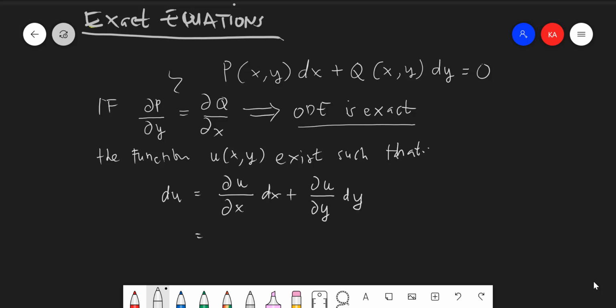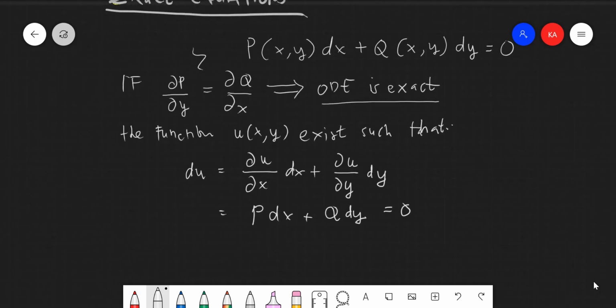So it is equivalent to saying that partial u over partial x is equivalent to P, so P dx plus Q dy is equivalent to 0.